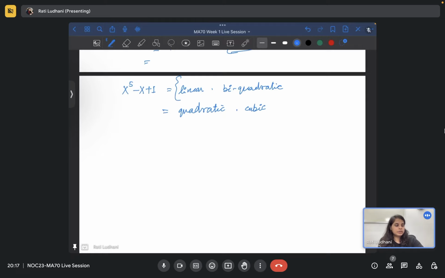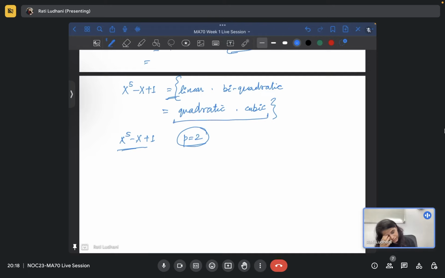But the second part we have to be careful about, because we cannot really get rid of it easily. So for x raised to power 5 minus x plus 1, if you take p equals 2, you will get 0 minus 0 plus 1. So in p equals 2 there is no root, so the first one could get cancelled, but the other one could be a problem. Basically you need to check all the cases.